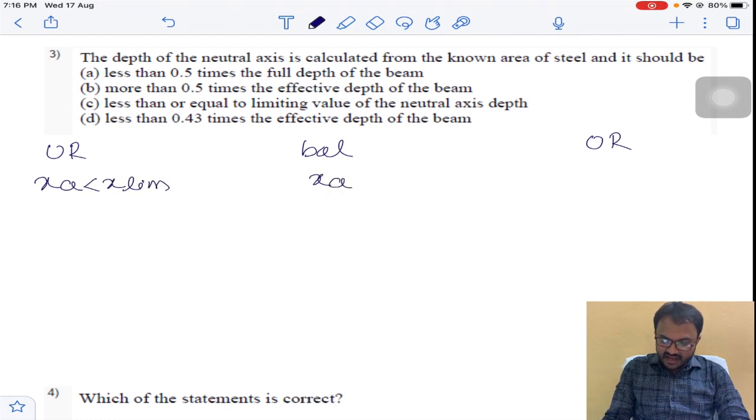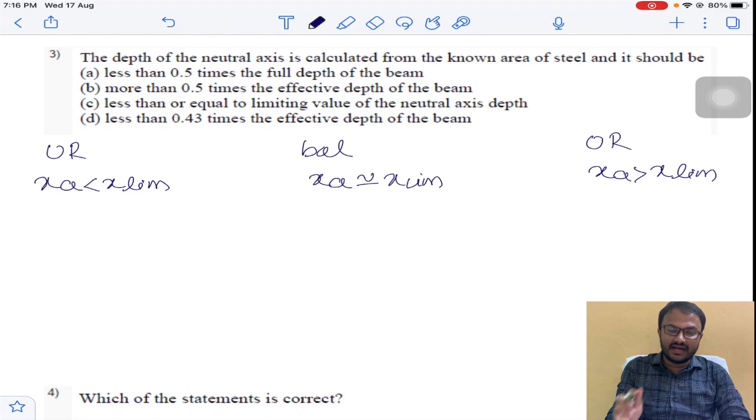In the balanced section, the actual depth of neutral axis is almost equal to the limiting depth. In the over-reinforced section, the actual depth of neutral axis is greater than the limiting depth. So when the actual depth of neutral axis is less than the limiting depth, we call it an under-reinforced section. In an under-reinforced section, steel fails first.